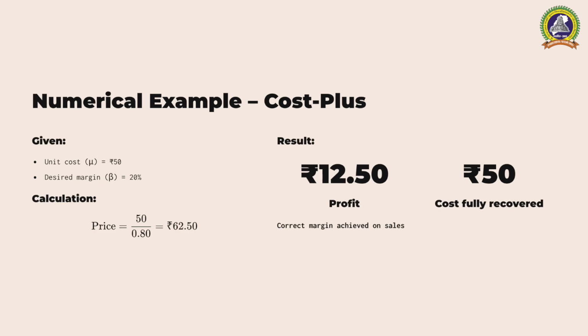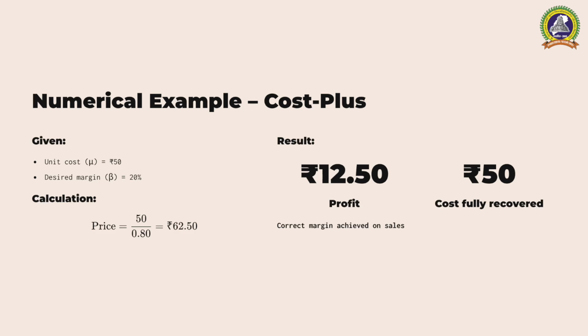To get a true 20% margin on sales, we use the formula: price equals 50 divided by 1 minus 0.20, which becomes 50 divided by 0.80. The result is 62.50. Let us verify this. If we sell at 62.50 and we take 20% of that price, what do we get? 20% of 62.50 is rupees 12.50.